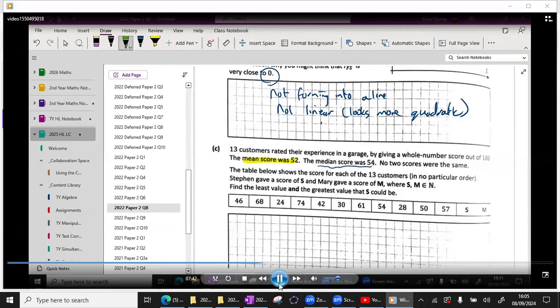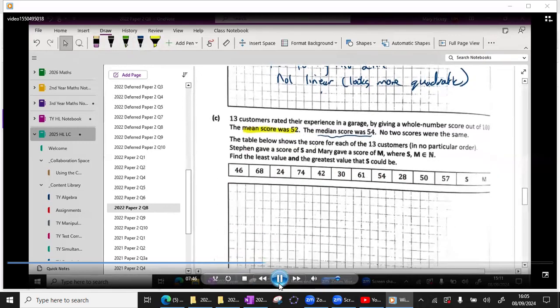Okay, so we're missing two values, but we do know what the mean is. So I guess if I was to add up all the scores that I can see, plus my S and M, I would divide it by 13, and I'm supposed to get an answer of 52. So that's probably not a bad place to start.